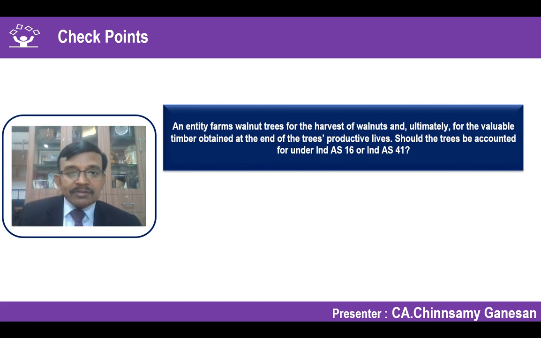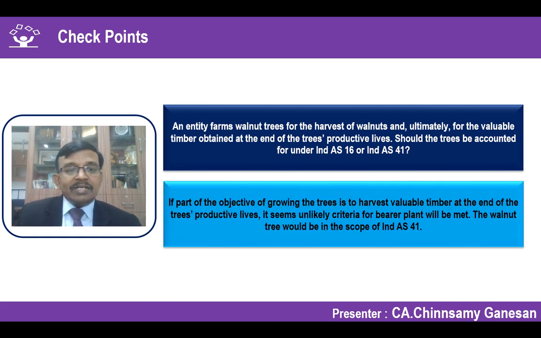The intention of the management is growing the walnut trees for the final lumber or the logs, or for the purpose of harvesting walnut, with incidentally a higher residual value. If the intention is to have the walnuts, then to that extent the walnut trees would be within the scope of Ind AS 41.